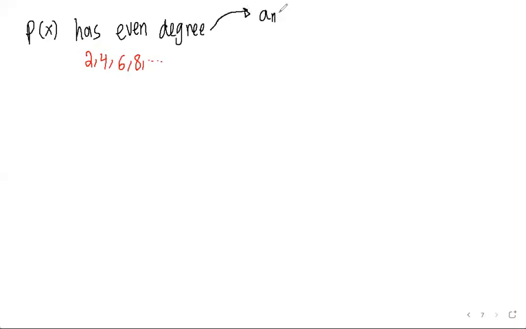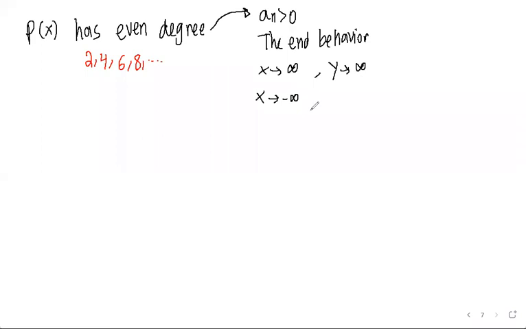If a_n is greater than 0, then the end behavior when x goes to infinity and when x goes to minus infinity: y goes to infinity, and also when x goes to minus infinity, y goes to infinity.